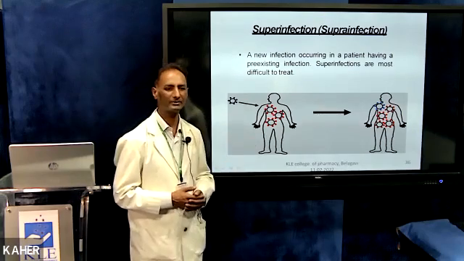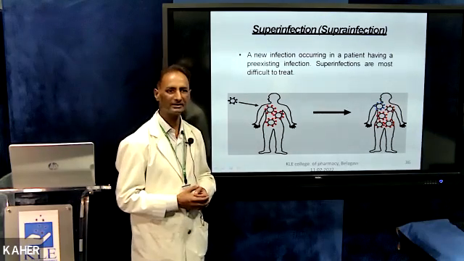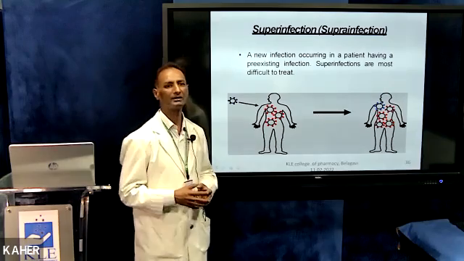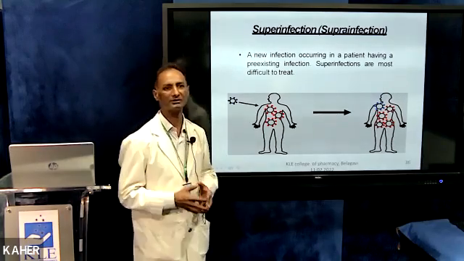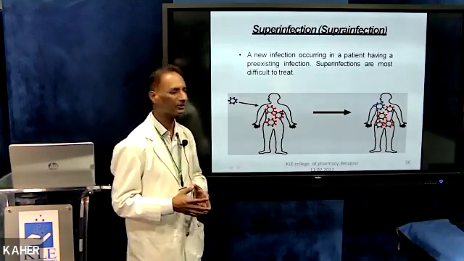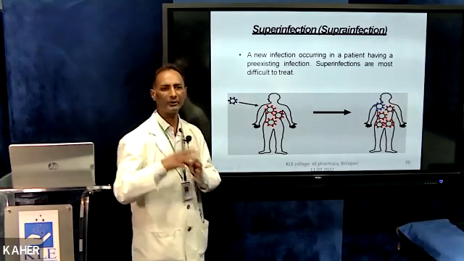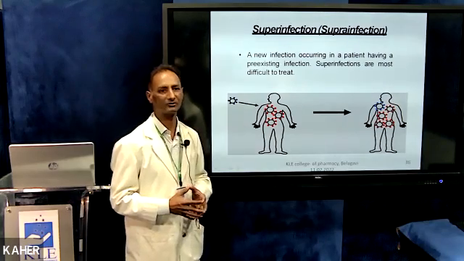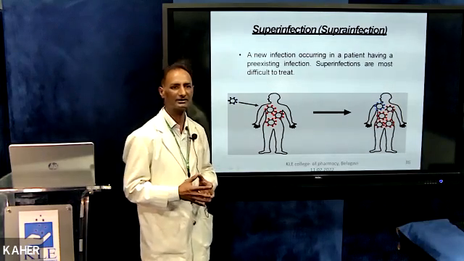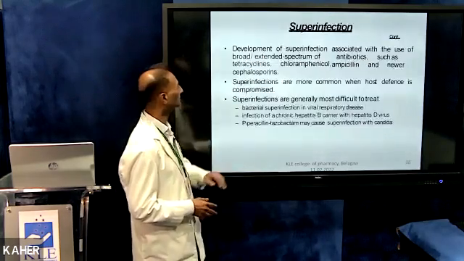Because of that, diarrhea and other problems develop, and malnutrition of certain vitamins is also a component. That is antibiotic induced infection, which we call superinfection or suprainfection.